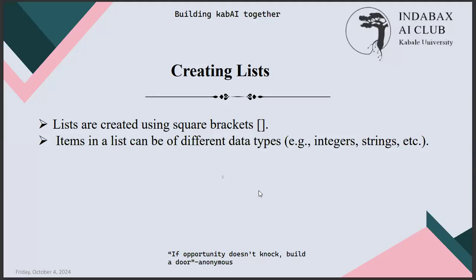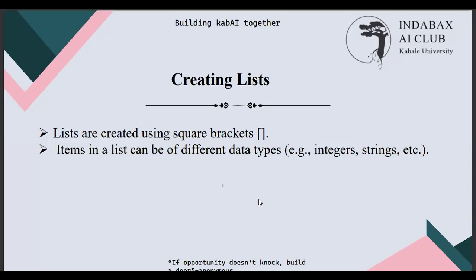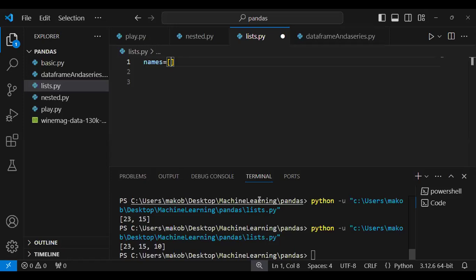You can mix integers with strings, with booleans, with floating values, and so on. So you have a chance to mix. We shall see that. But since we have declared that we are storing names, we can put some string values here.